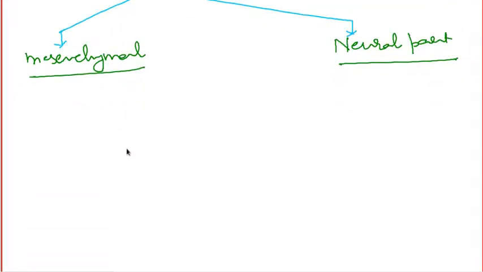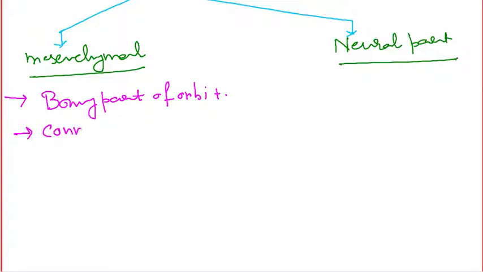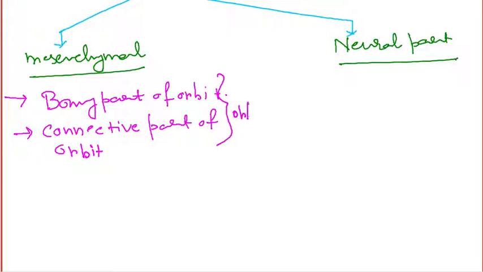So this mesenchymal part will give rise to the bony part of the orbit, and the connective part of the orbit. So bony part and connective part, so it gives rise to the orbit, we can say directly.